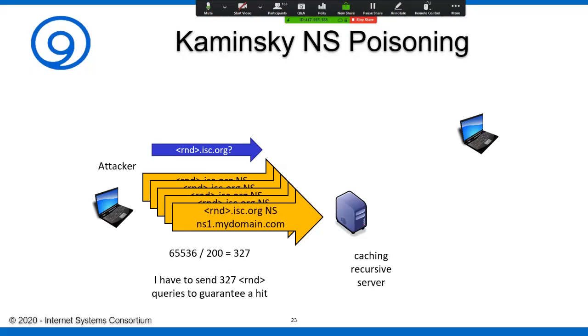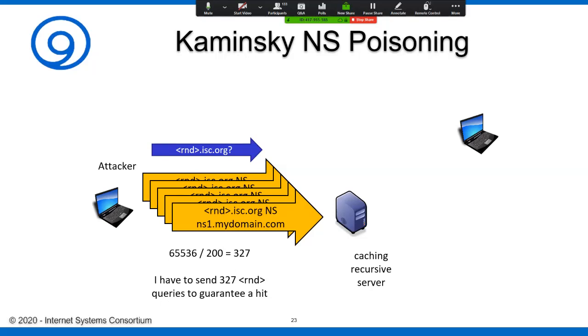Now, okay, so what? I now have this NS record for randomstring.isc.org pointing to someplace that the bad guy owns. Well, the nifty thing about this from the bad guy's perspective is that he now owns isc.org, because any query that is being sent to that caching recursive server for anything .isc.org that isn't already in the cache, it's going to go out to the ns1.mydomain.com server for the answer.